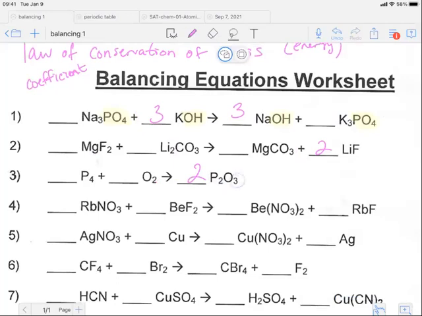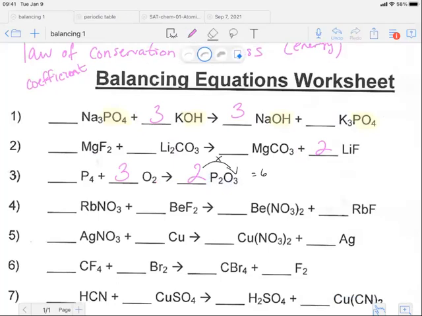I have 3 here, but there's 2 of this whole thing, which means 2 times 3, which is 6. So I have 6 oxygen on the right-hand side, which means I need a 3 in front of O2.